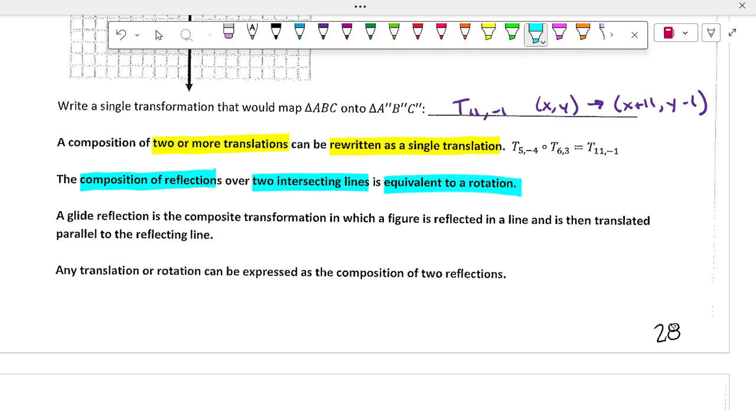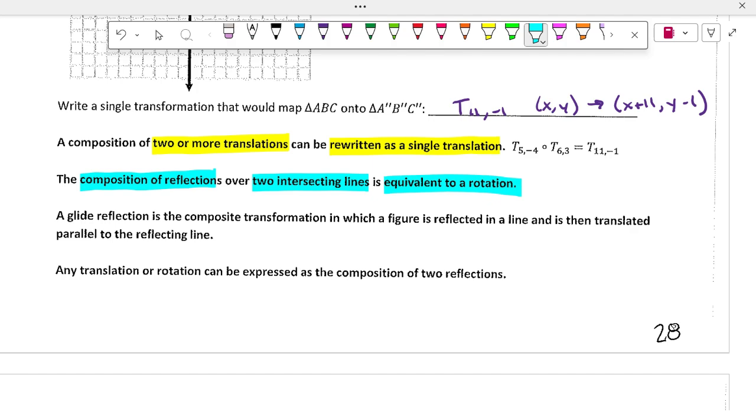So then I have the point 4, and then 1, 2, 3, 4, 5. If I reflect over this line, this is the point 4, 5. That's my original. I'm just going to put a little O up here. Where would it go? You go down 1, 2, 3, 4 till you get to the line, and you go 4 on the other side, so 1, 2, 3, 4, 5.